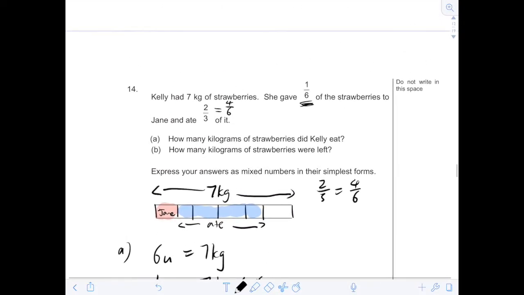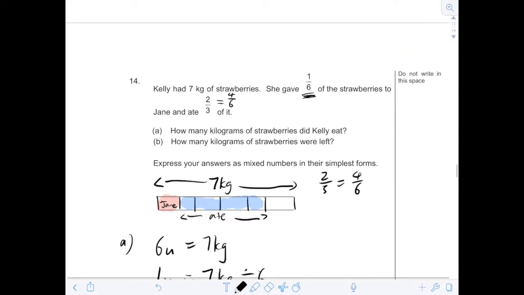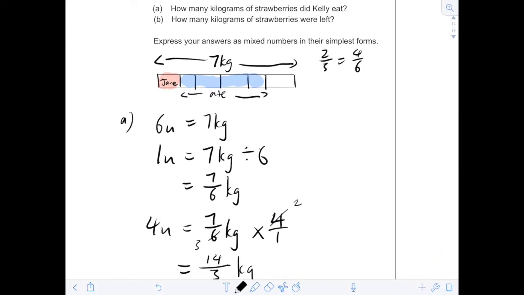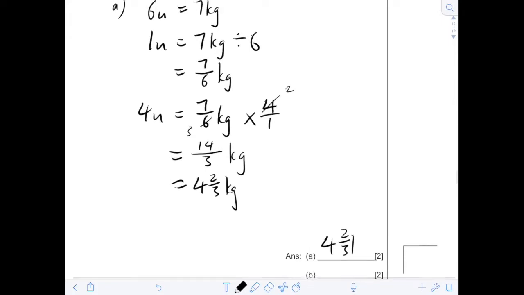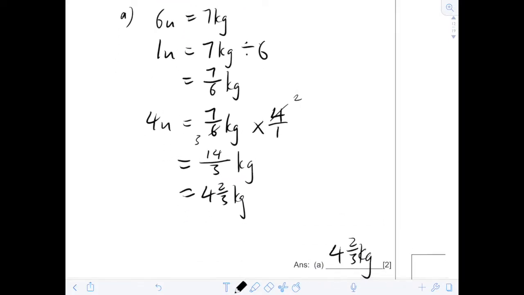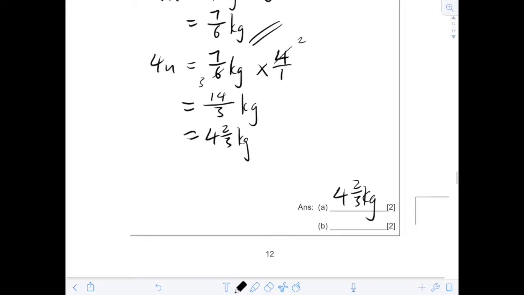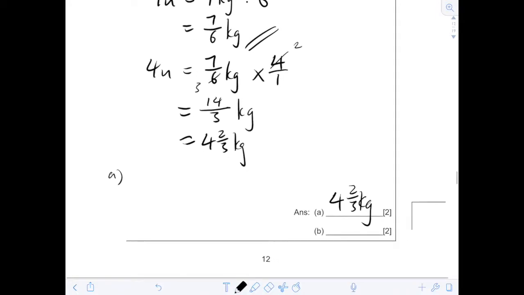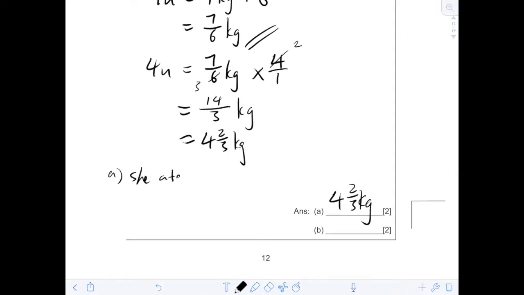Now the second part is how many kilograms of strawberries were left. Since you used the unit method, this is what's left, the part here that's not shaded. So it's already here, the answer is here. For part A, I'm going to say she ate 4 and 2/3 kg.